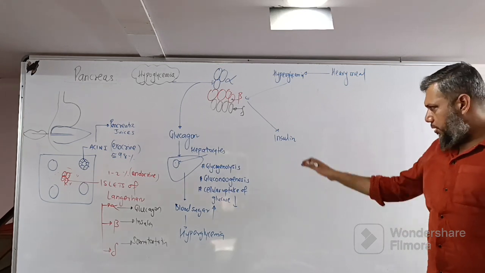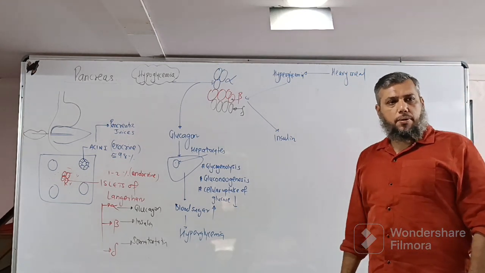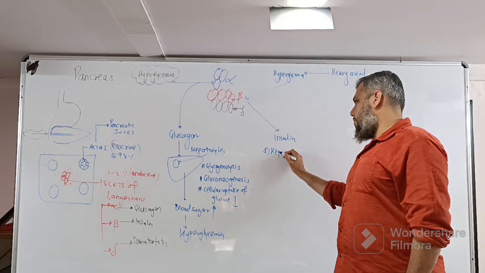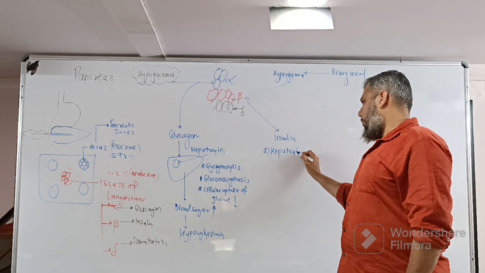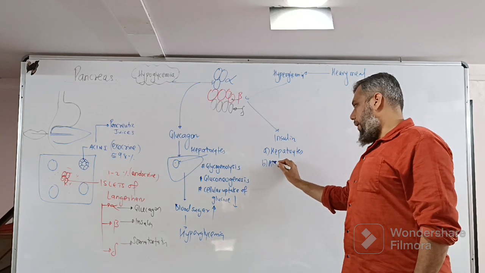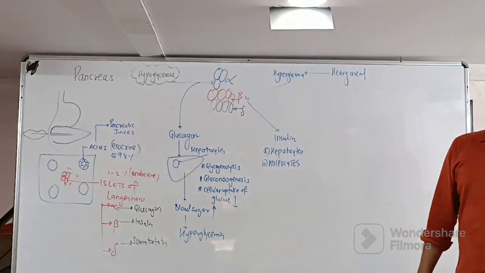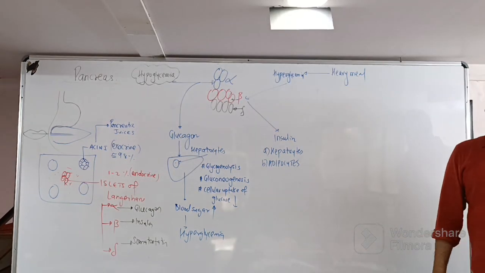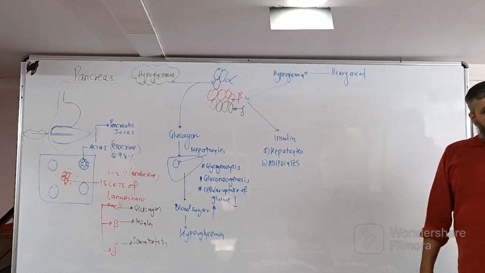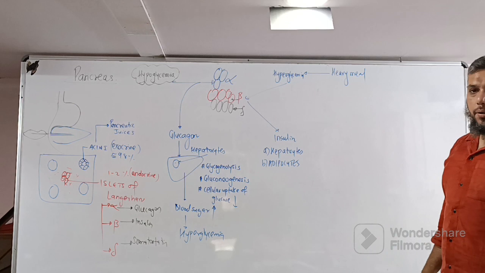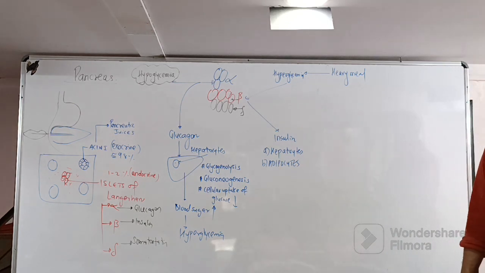Insulin will act on two target cells, that is hepatocytes and adipocytes. We know the liver cells are called hepatocytes, and the fat cells are adipocytes. What does insulin do over there? Insulin brings about the transport of glucose into the cell.